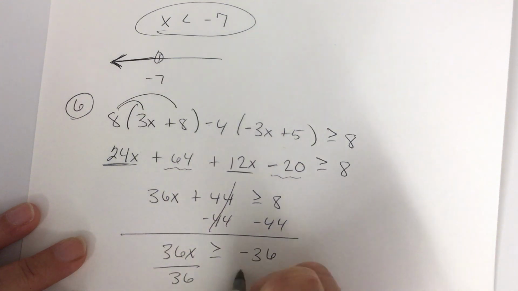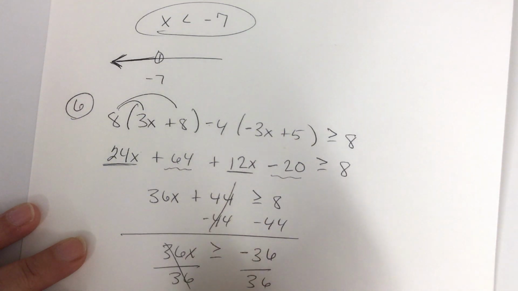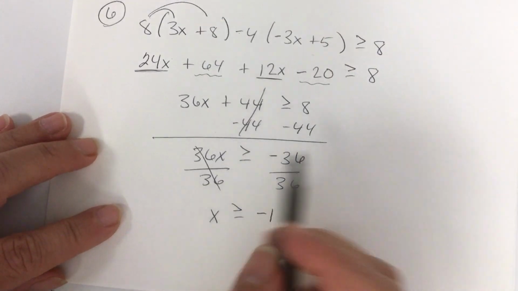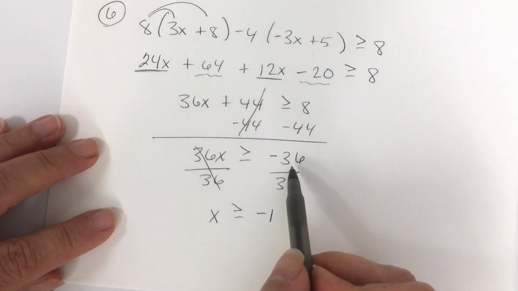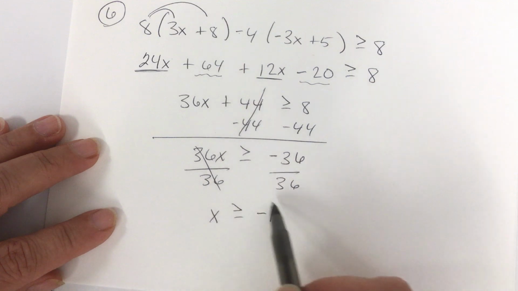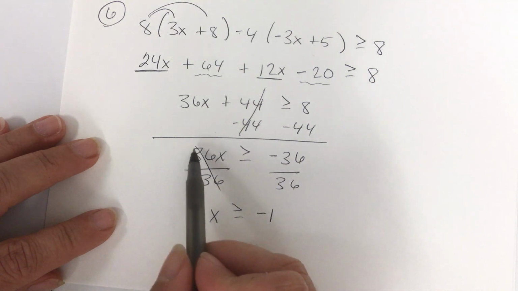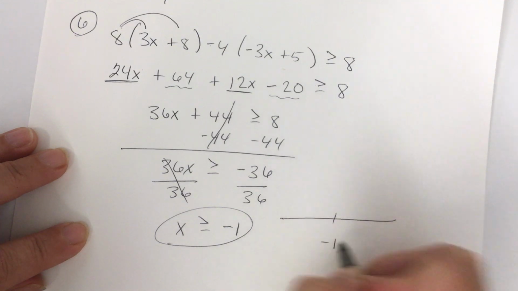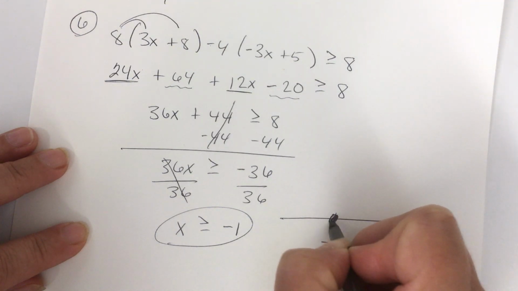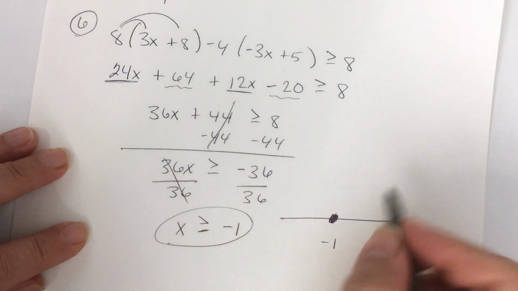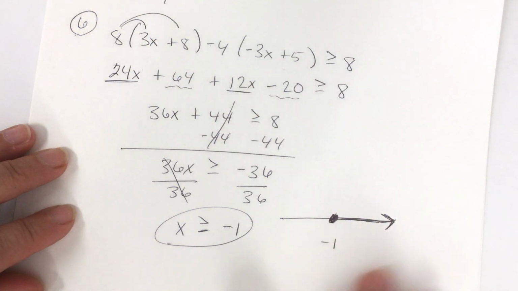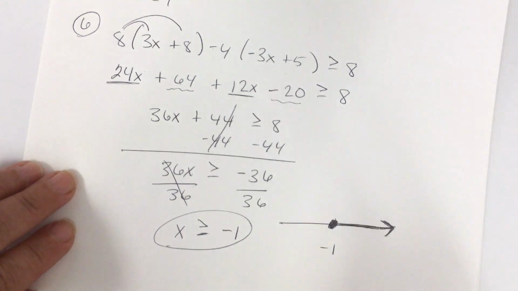Divide both sides by 36. And x is greater than or equal to negative 1. Notice again, there's a negative 36 involved, but you don't change the sign because the number we divided by was positive 36. If you were to graph that, you've got negative 1, closed dot because of that line, and greater than or equal to is that side.